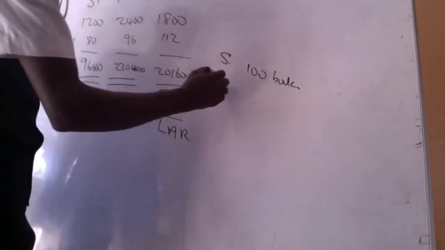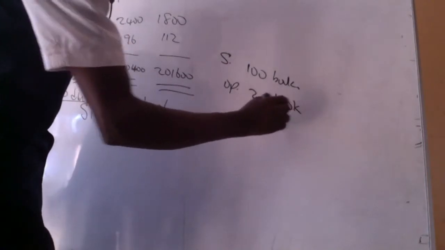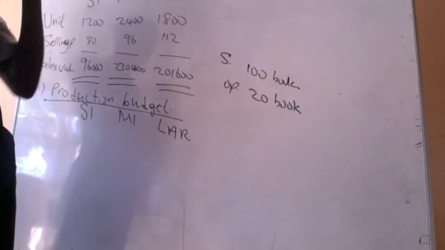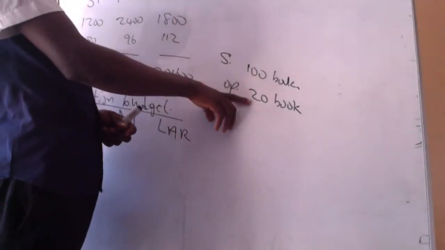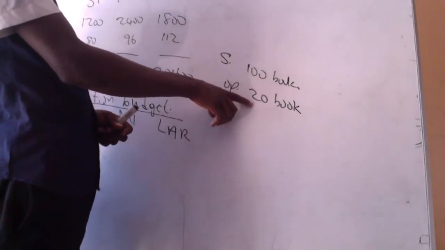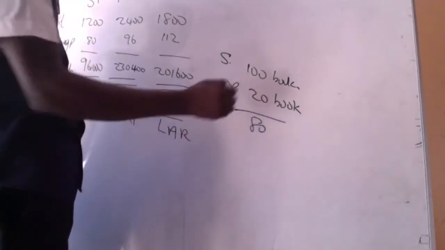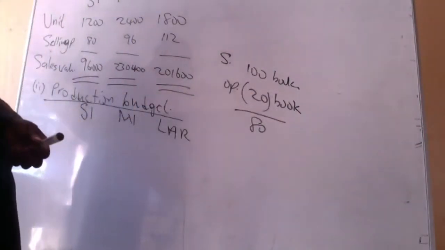Now let me add this. Open inventory. Assume that you have 20 books already there, free of charge, as a result of overproduction from the previous period. So do you have to produce this 20? No, you produce 80 books. Good one. I like the analysis. Now let me add the last one to it.